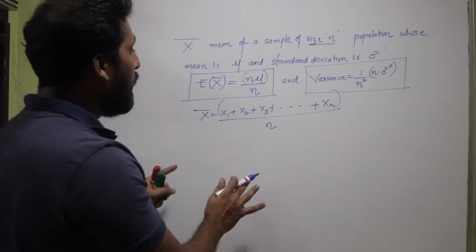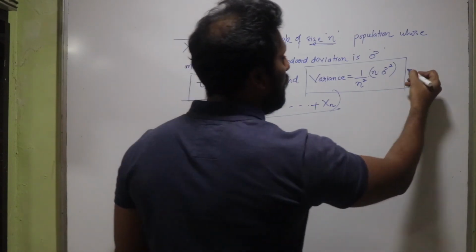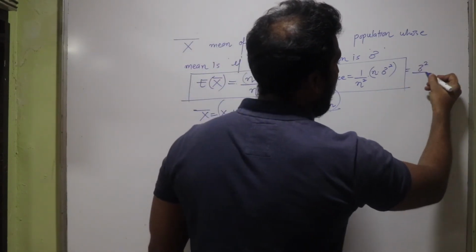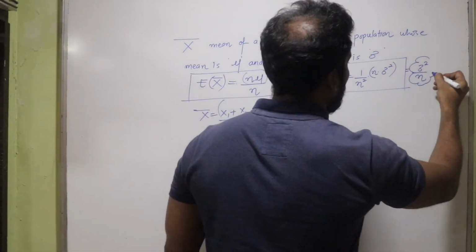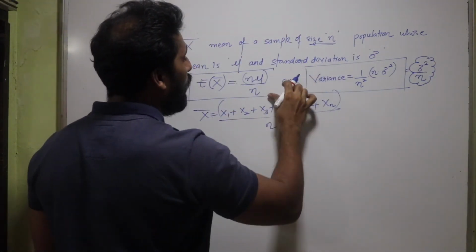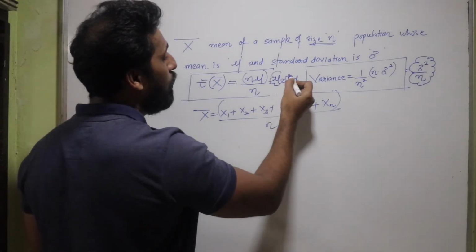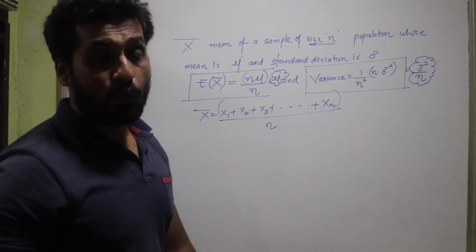Now, once you've understood the mean, which is going to come mu, and the variance, which is going to come sigma square upon n, isn't it? So the variance is going to be sigma square upon n, and the mean is simply going to be mu, because n and n will get cancelled. So mean is mu and the variance has come sigma square upon n.